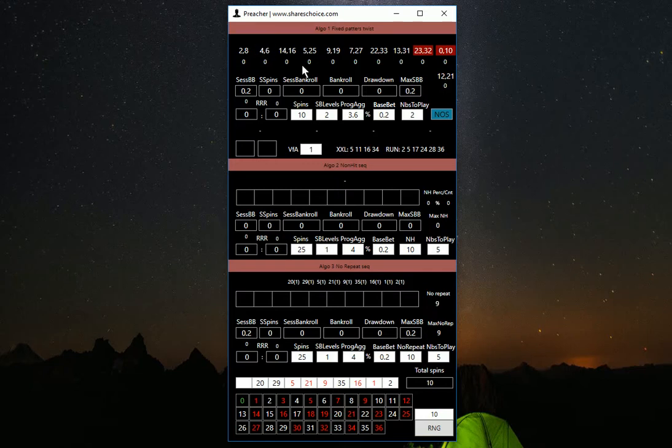Currently there is not much to see, but what we can see here, all our fixed patterns have a 0, which means currently there is no negative expectation.